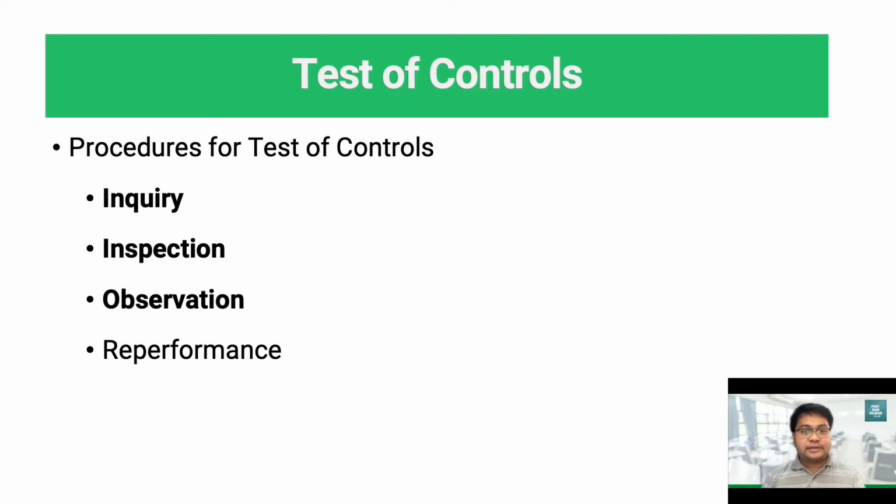As you can see, this test of control is very similar to the one that we discussed earlier, the transaction walkthrough, wherein we understand the process of the client and trace the transaction from the beginning up to the end. In transaction walkthrough, we also inquire from the client, asking them about the process or the system that the client is implementing. We identify the control points in that particular process, and then we perform inspection and observation of documents.